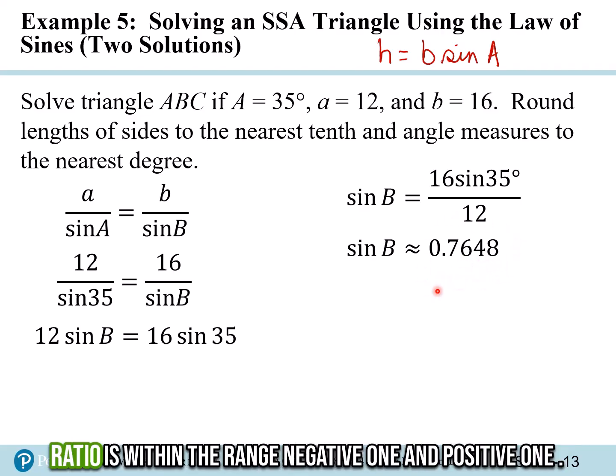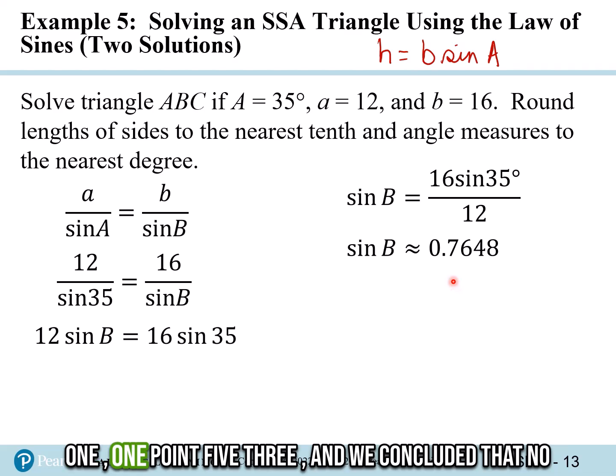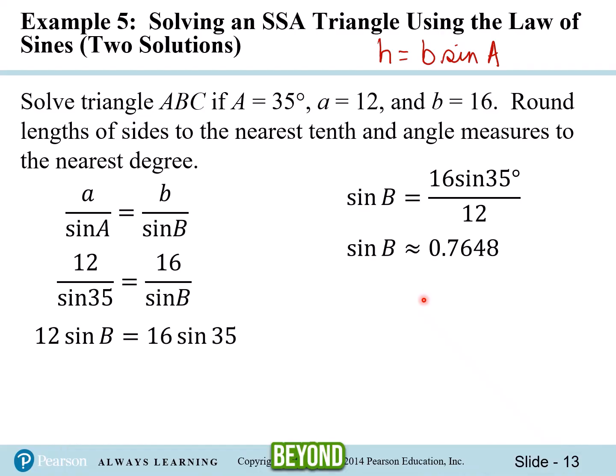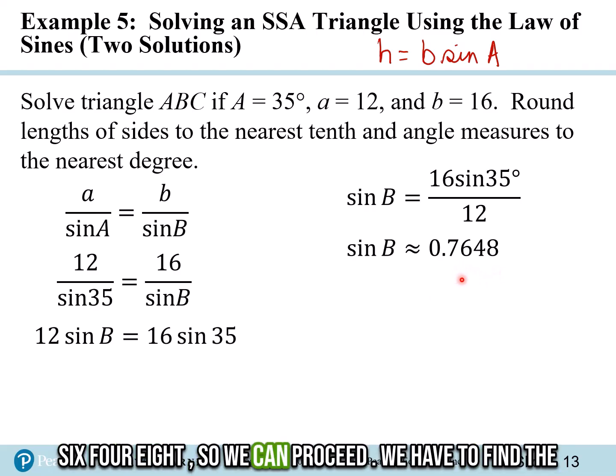Now this ratio is within the range -1 and +1. Like previously, we got a ratio which was greater than 1, 1.53, and we concluded that no triangle is possible because sine ratio does not extend beyond a ratio of 1. Here we have the ratio as 0.7648, so we can proceed.